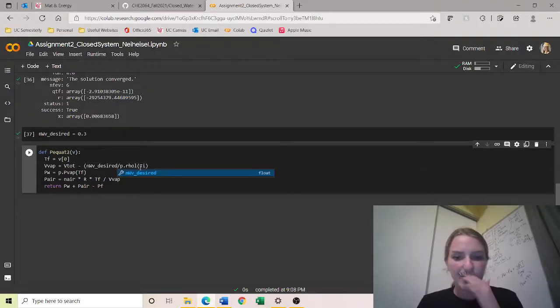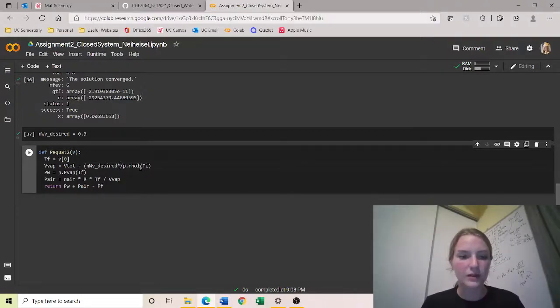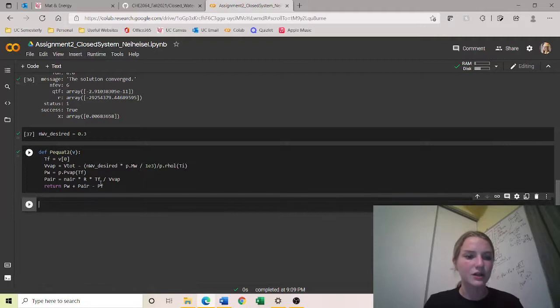DESIRED. And we are going to multiply this by P dot MW, which is the molecular weight, and we are going to divide it by 1E3. And we are going to keep that last part of the equation the same. We're going to hit Shift Enter.